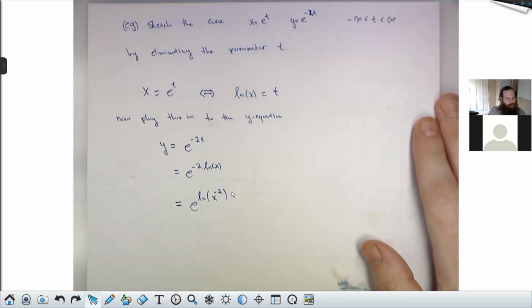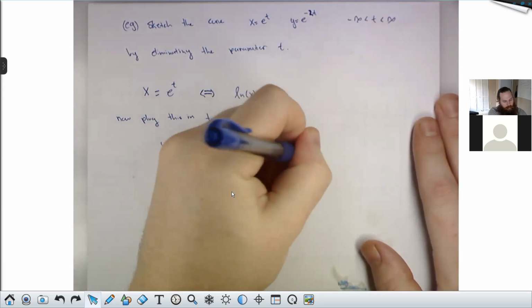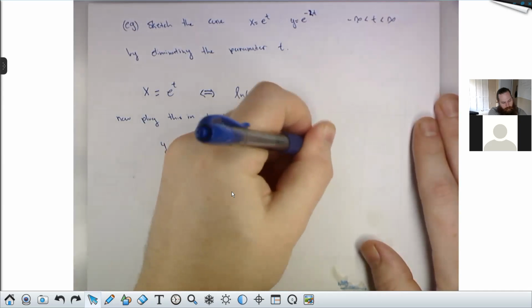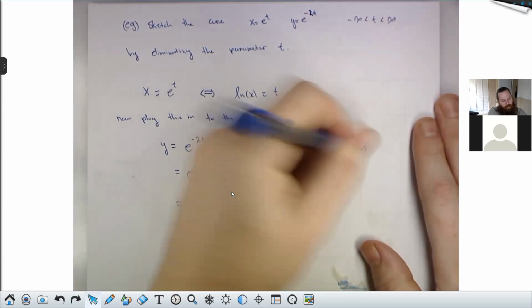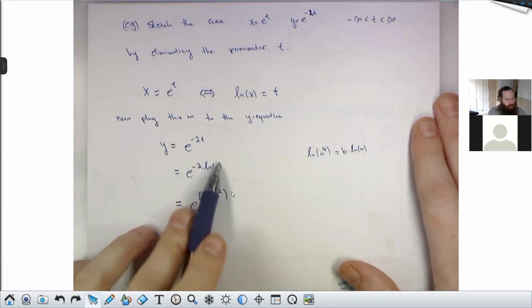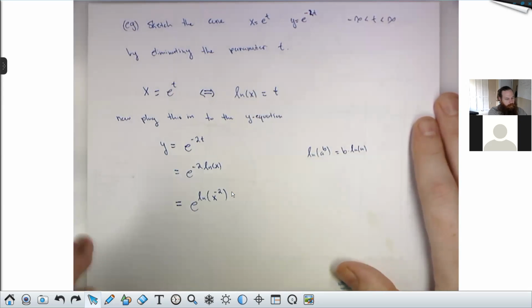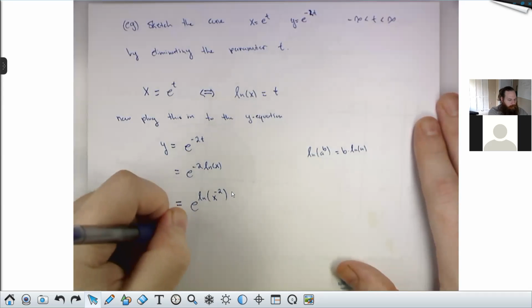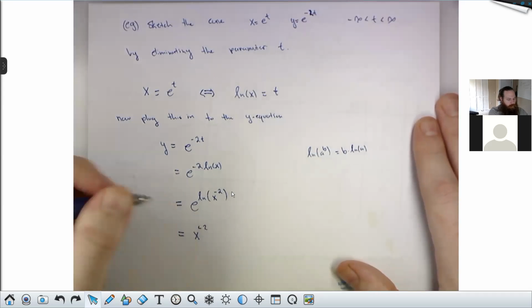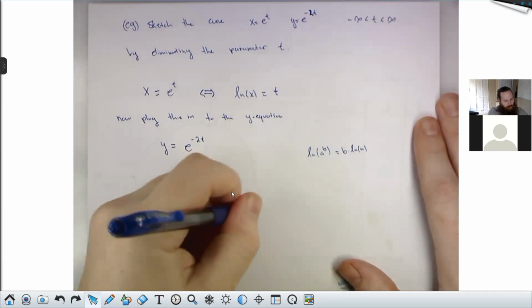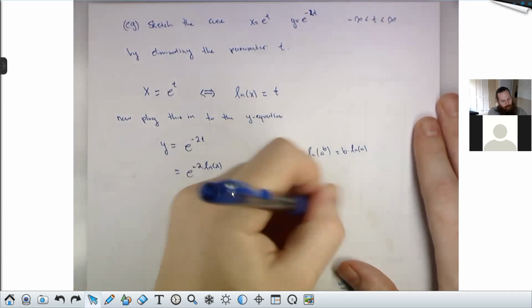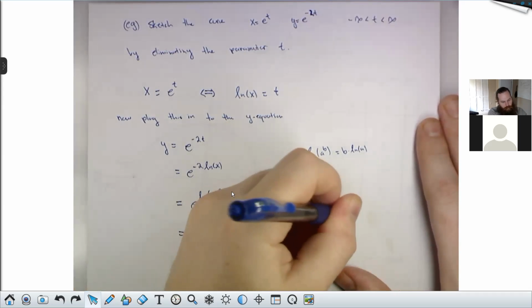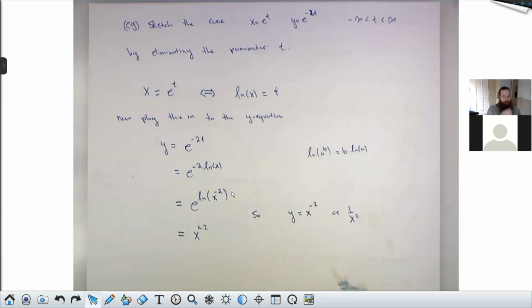Using the exponent rules, right? Remember that the natural log of a to the b is the same as b times the natural log of a. So this negative 2 can come inside the natural log as a power. And then e raised to the natural log of something is just that something. So y is x to the negative 2, or 1 over x squared.